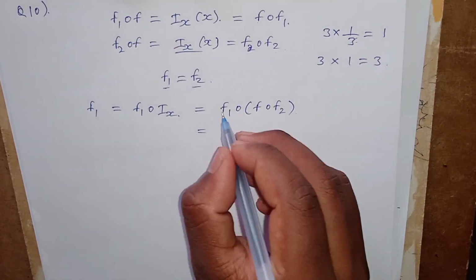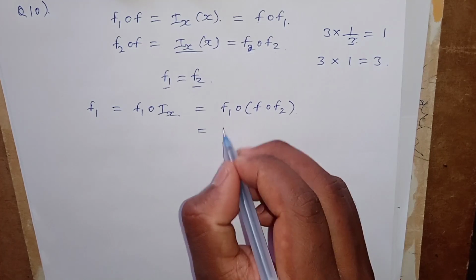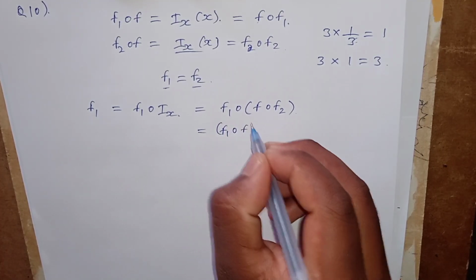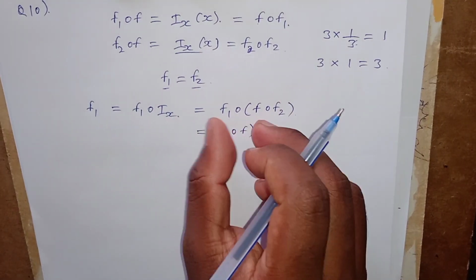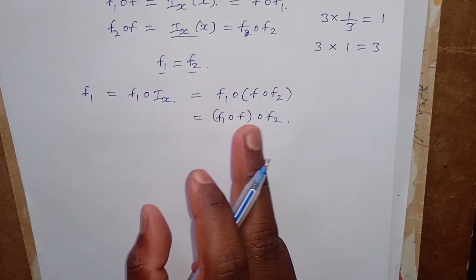Next I am interchanging my brackets: f1 ∘ f ∘ f2. I just interchanged the places of my brackets.